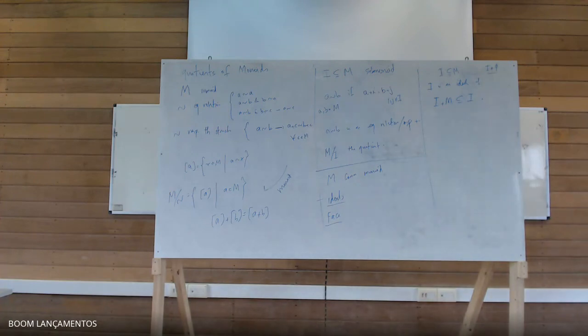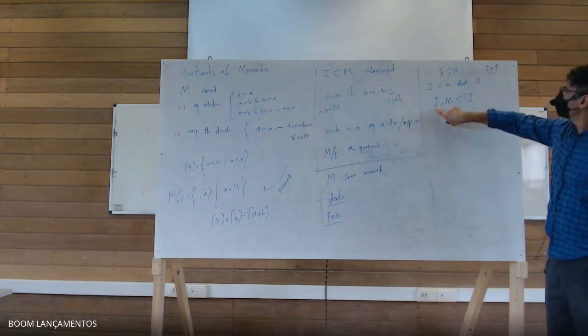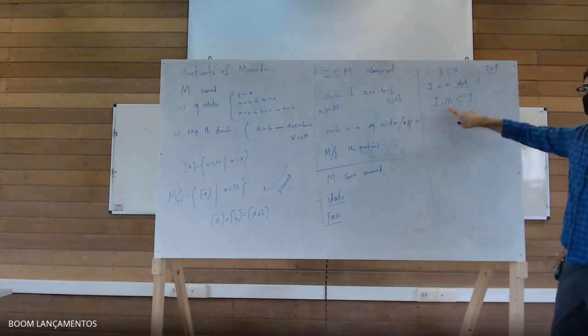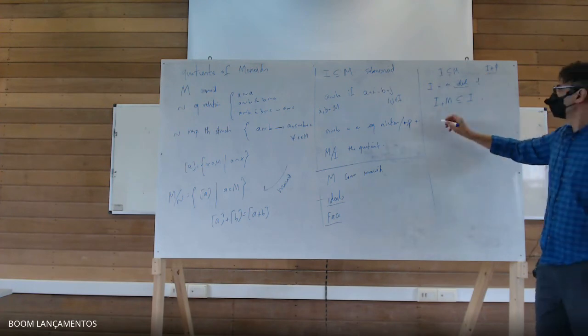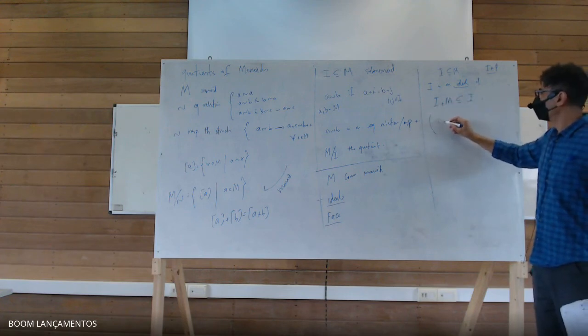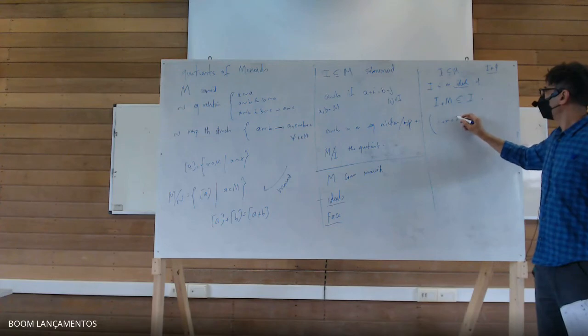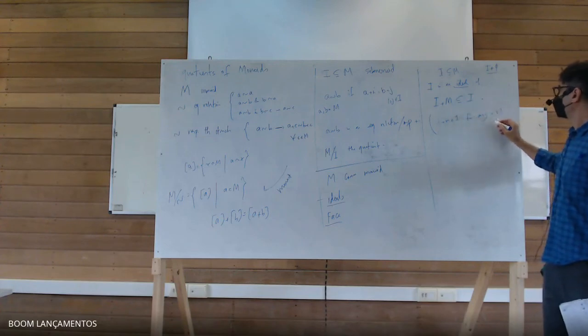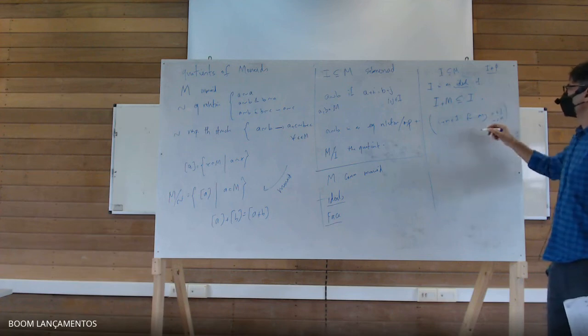You know, you multiply from left and right, and you stay in the structure. It's the same here. So this is the definition of ideal. You add it with any element of M, you're still in I. Element-wise, this means that i plus m is always in I for any i in I and for any m in M. So this is the same way to say that.